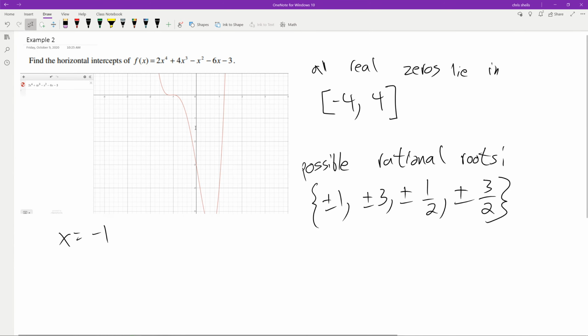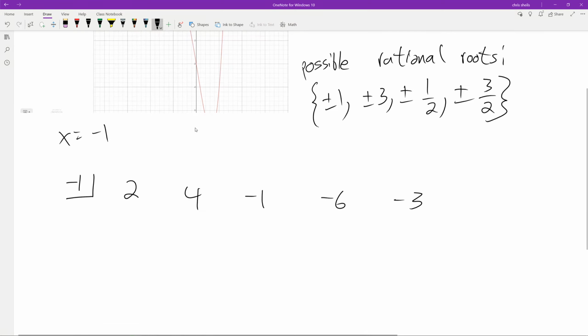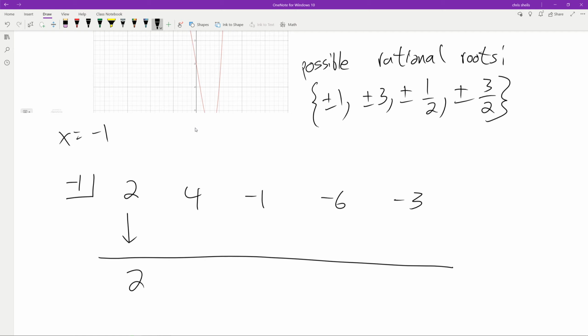So we're going to set up our synthetic division. If x is equal to -1, then -1 goes in the box. I write all of the coefficients of this polynomial: 2, 4, -1, -6, -3. The 2 comes straight down. 2 times -1 is -2. 4 plus -2 is 2. 2 times -1 is -2. -1 plus -2 is -3.